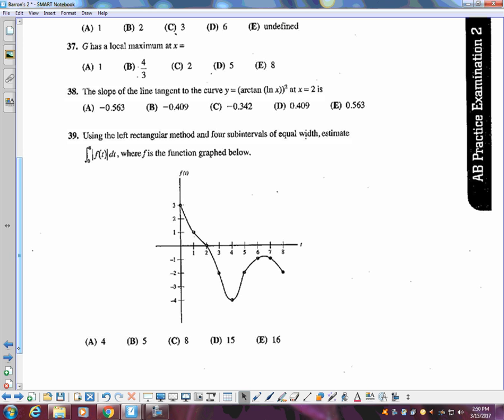Now, what is an arc tangent? Tangent inverse. So you have a tangent inverse of a natural log. Okay, now I need to take the derivative of this sucker, right? And once I take the derivative, I'm going to plug a 2 in, and that's going to tell me what its slope is.